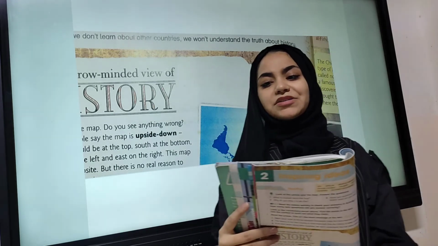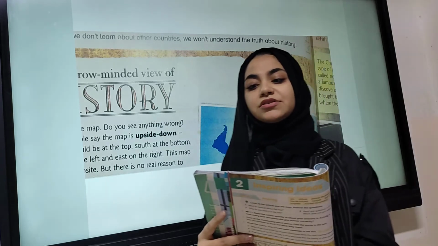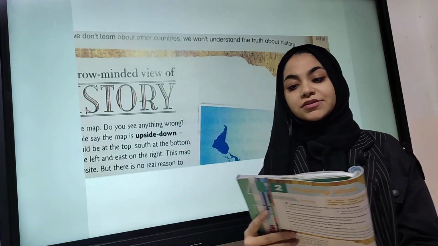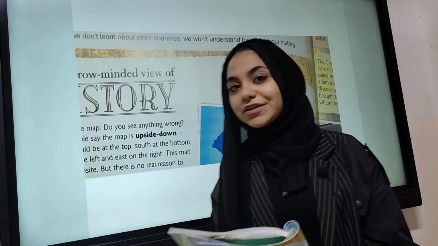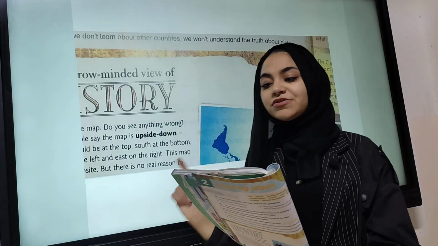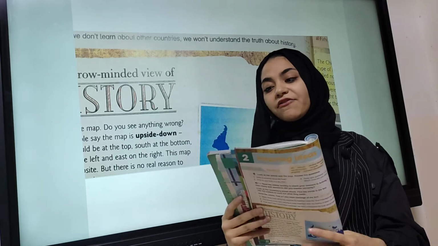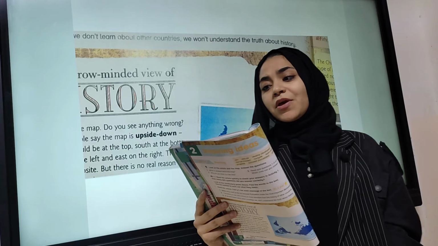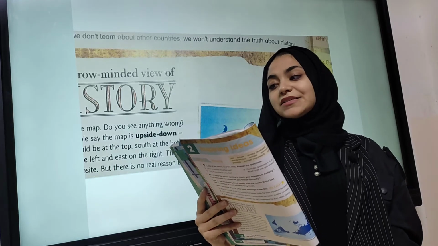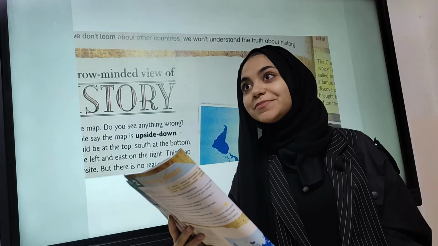Like people in the past, we sometimes forget that the history of the world is not just the history of our own country. In school, we usually learn about what? Yes, we learn about scientists, inventors and explorers from our own countries. Therefore, we might not be aware of progress that has happened in other countries. This can create what?